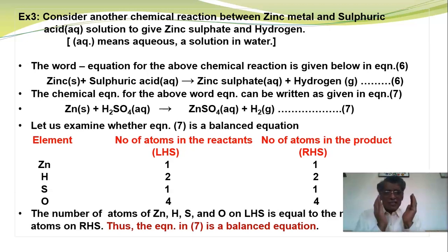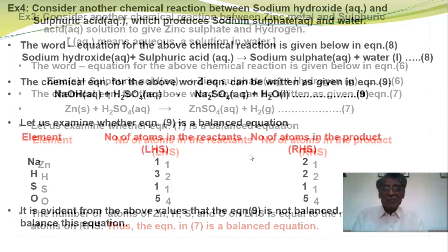Now see whether it is balanced or not. Let us check. Zn balanced, H 2 and 2 balanced, S 1 and 1 balanced, O 4 and 4 balanced. So that means equation 7 is a balanced chemical equation.